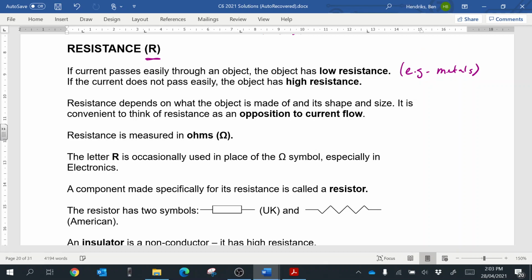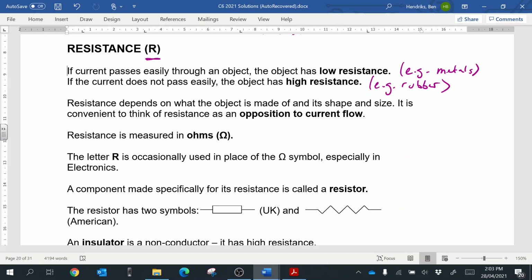And if the current does not pass easily, the object has high resistance. Example, something like rubber, and we call that an insulator, which is mentioned lower down the page. So resistance depends on what the object is made of and its shape and size. It is convenient to think of resistance as an opposition to current flow.